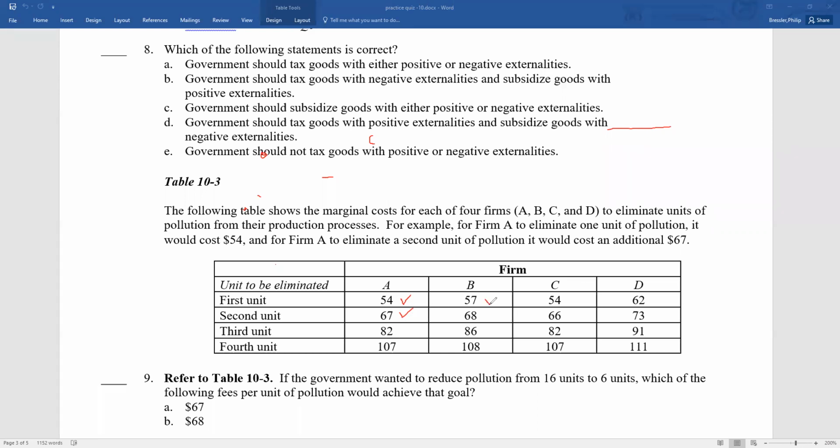Company B can eliminate 1 unit. Company C can eliminate 54 and 66. And company D, 62. So with answer A, we could only eliminate 6 units, and we're trying to eliminate 10. So A cannot be the answer.